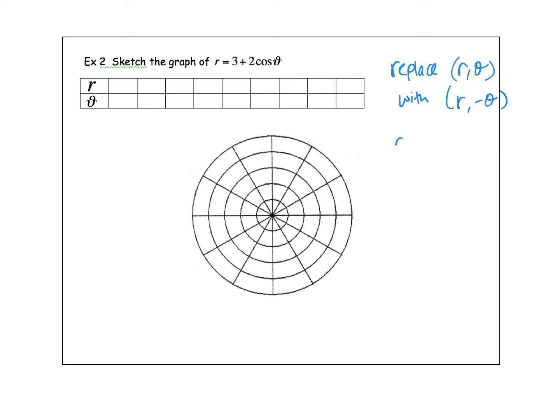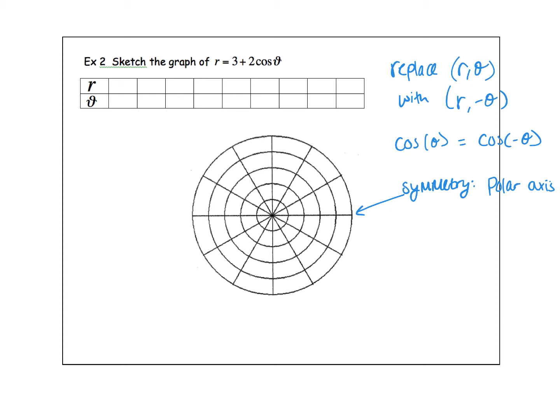So cosine of theta, this is the important part, is the same as cosine of negative theta. Because this is true, we are symmetrical about the polar axis, which in the rectangular world we would refer to as the x-axis, the horizontal one.